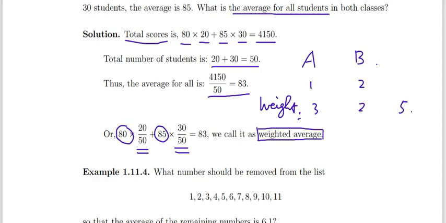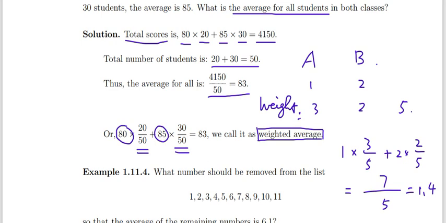So their average is 1 times its weight 3 over 5, plus 2 multiplied by its weight 2 over 5. So the average becomes 7 over 5, just 1.4.